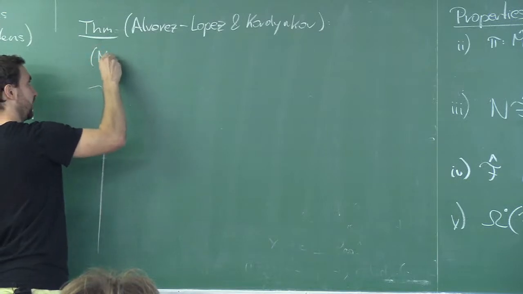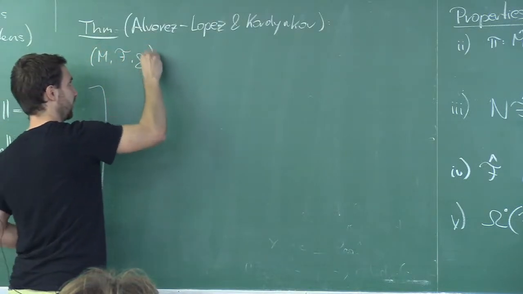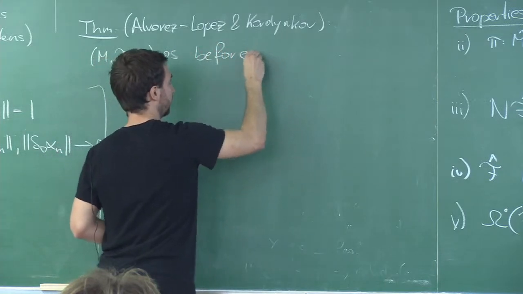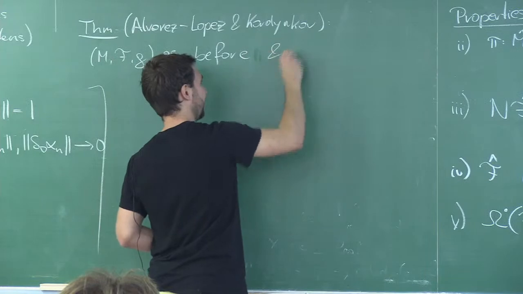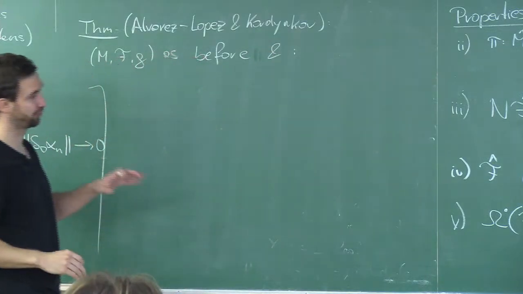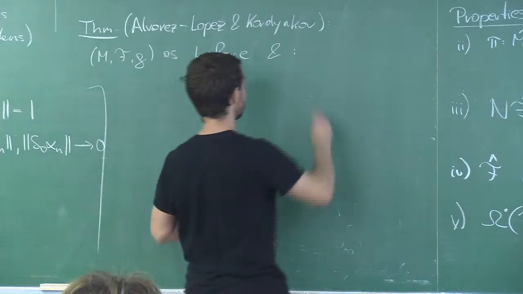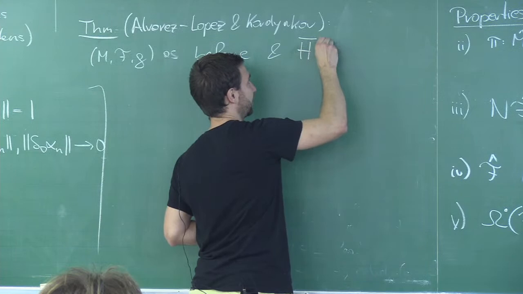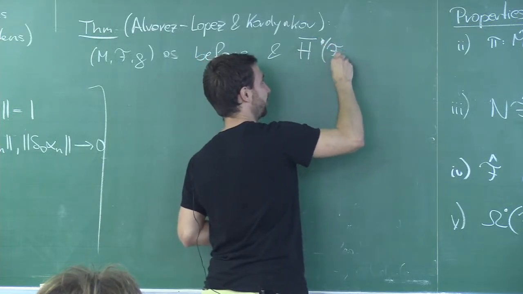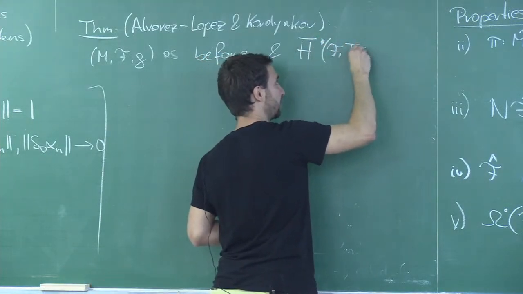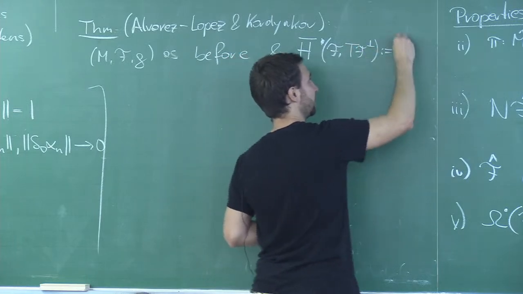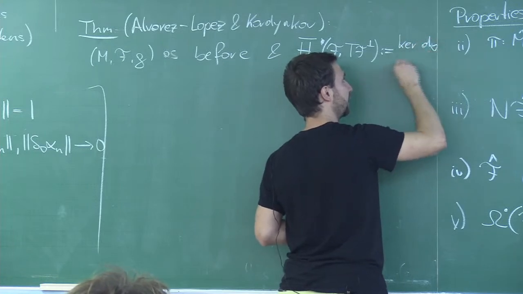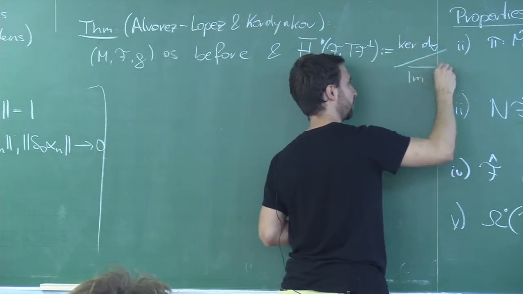Right, so M, F, G as before. Right, a leafwise Hodge decomposition, but not for the foliated cohomology of coefficients, but for something slightly different, namely the cohomology H bar of F, let's say TF normal, which is defined to be the kernel quotient out by the closure of the image.